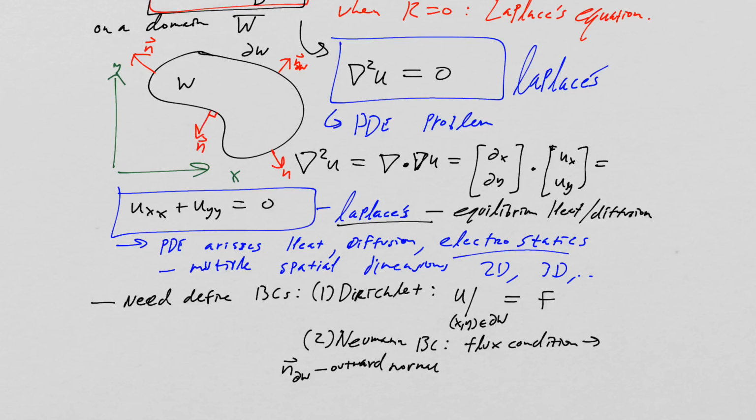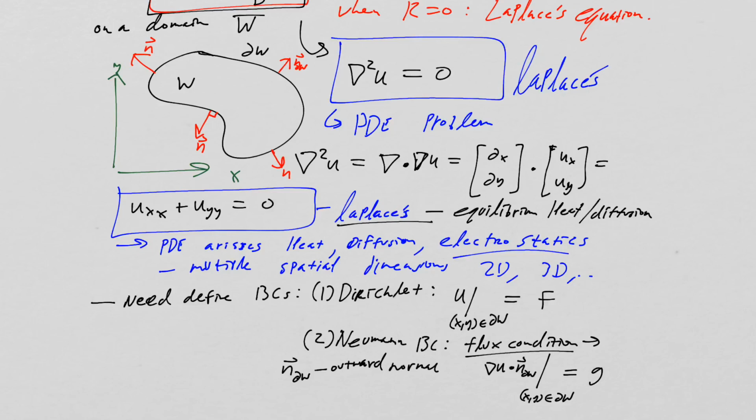N could be pointing everywhere, always perpendicular to the tangent of the boundary curve. Okay, so we have that outward normal. What we say is that the gradient of u, dotted with the boundary normal N, evaluated on the boundary, is equal to some specified function. So here we're saying that the flux condition is specifying a specific flux.